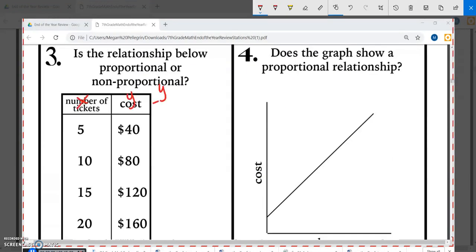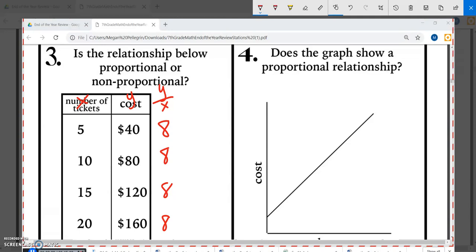And so we always do y divided by x. So 40 divided by 5 is 8. 80 divided by 10 is 8. 120 divided by 15 is 8. And 160 divided by 20 is also 8.